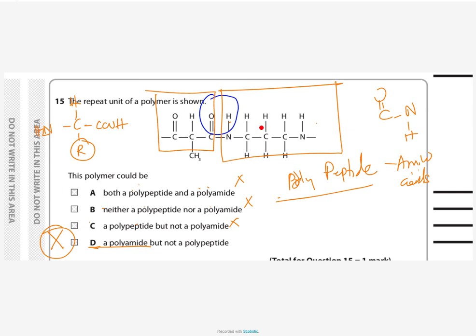But in the polyamide, one monomer has carboxylic groups at both ends, and the other monomer has amine groups at both ends. Any questions up to this point?